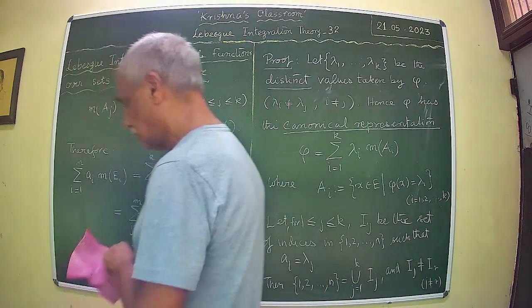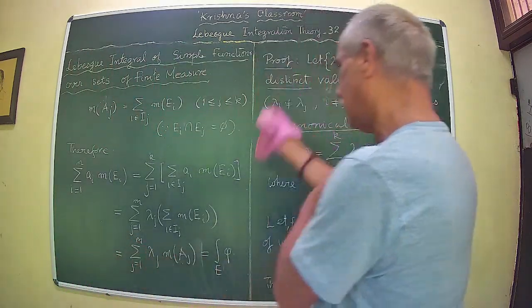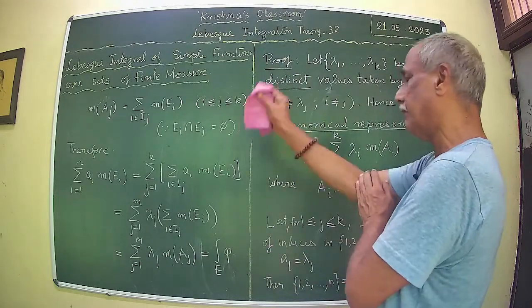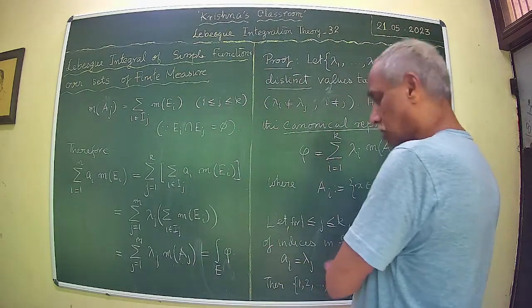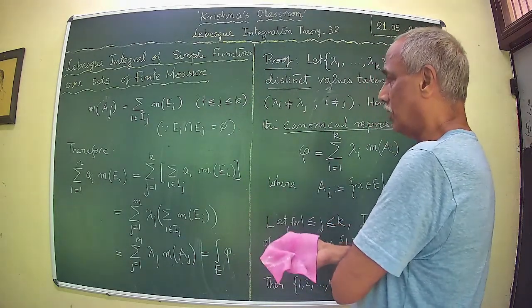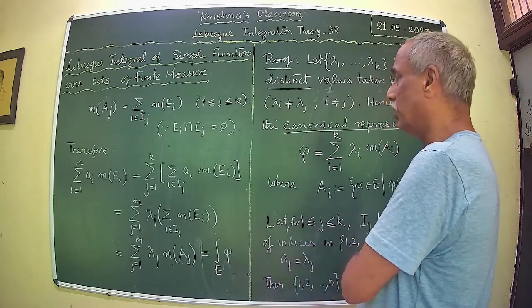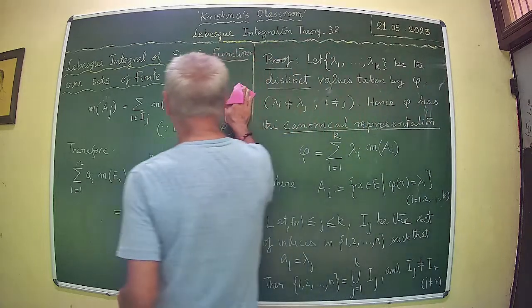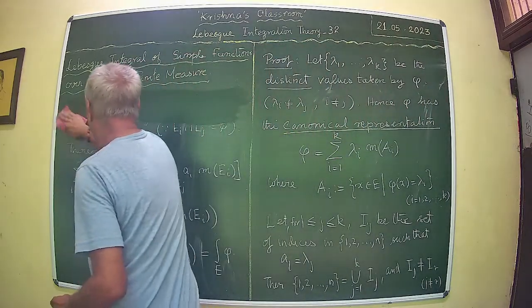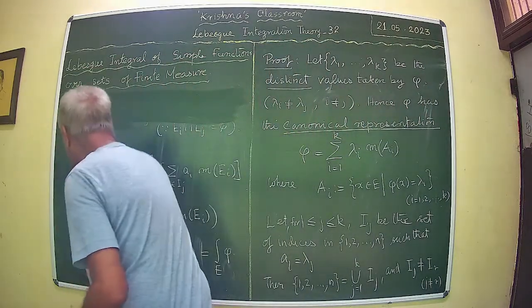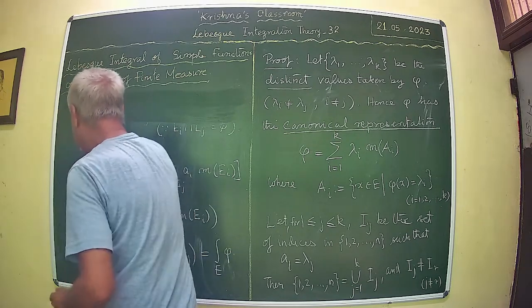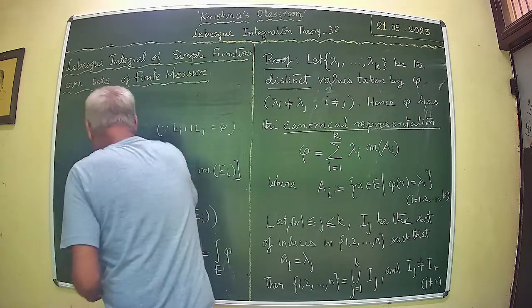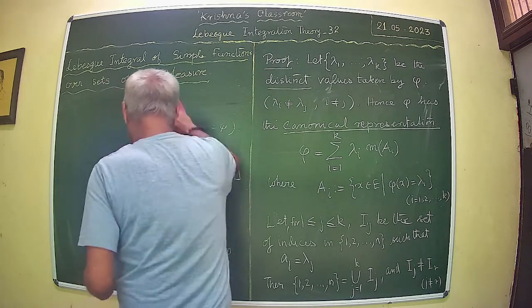Okay. Now we want to go beyond that. However, we have assumed that the E_i's are a disjoint collection of measurable subsets. Now we want to go beyond this and drop even that condition, namely that the E_i's are a disjoint collection of measurable subsets.